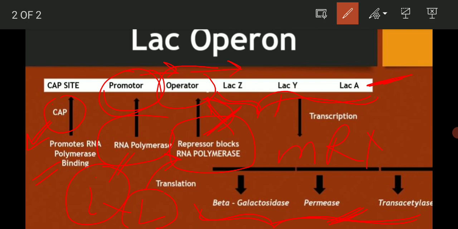The transcription of the Lac genes, that is the three structural genes, resulting in the formation of the enzymes, is lifted. But glucose is present, so the CAP protein does not bind to the CAP site in the Lac Operon. Thus the transcription is not lifted as much as in the case when glucose is absent. So at different glucose and lactose levels, the Lac Operon functions differently.